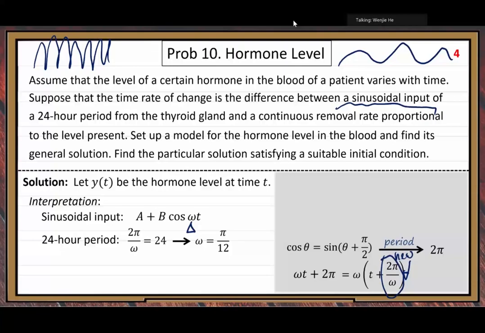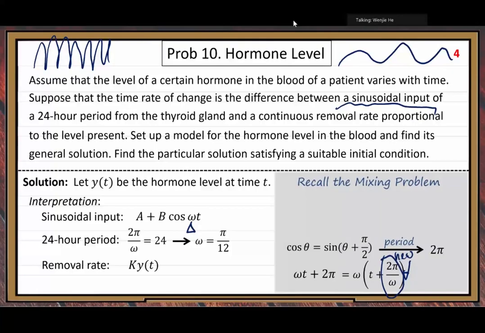The removal rate is given: removal rate proportional to the level present. That's the y function, the level present. So capital K, a constant, times y function. Now we can write the ODE.